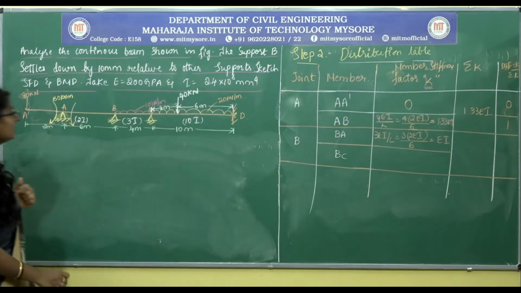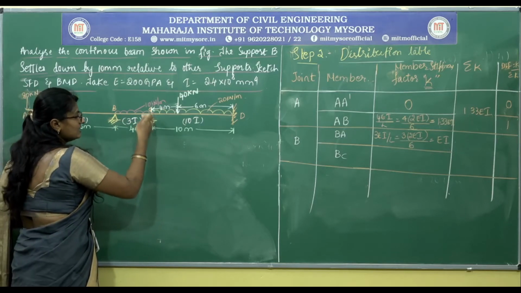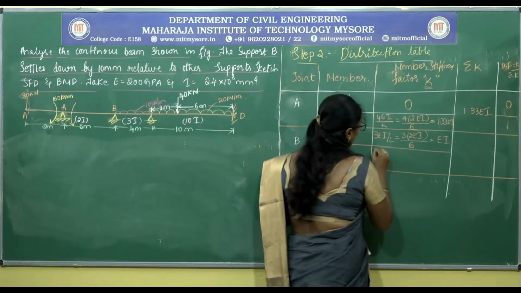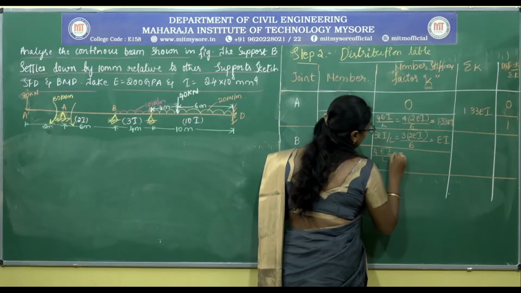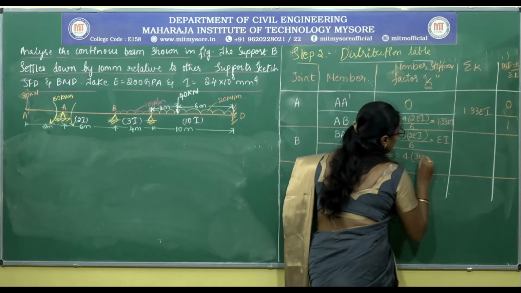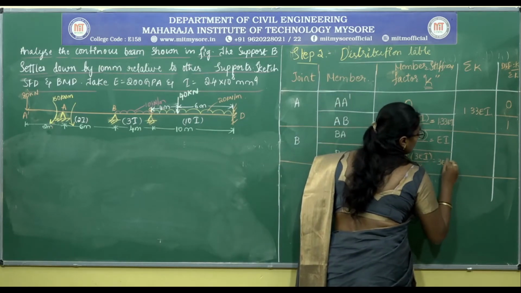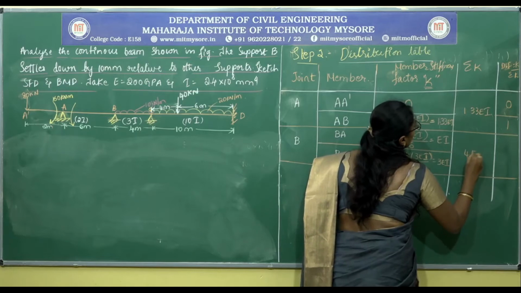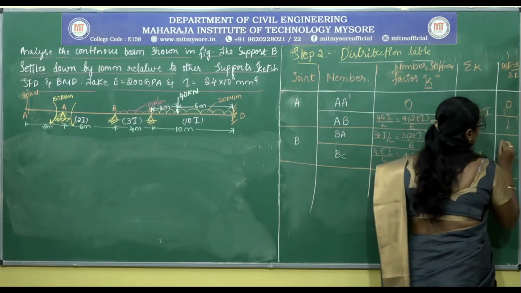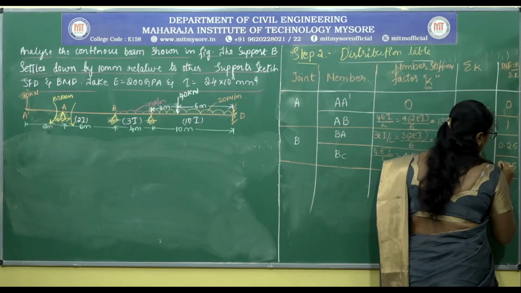Then for span BC, B is the near end and C is the far end. Since the far end is continuous, we consider it as fixed. For fixed support, the value of K is 4EI by L. 4 into 3EI by 4, that is equal to 3EI. Then sigma K is equal to 4EI. Then for span BA, it is equal to EI divided by 4EI, which is equal to 0.25, and for BC 0.75.